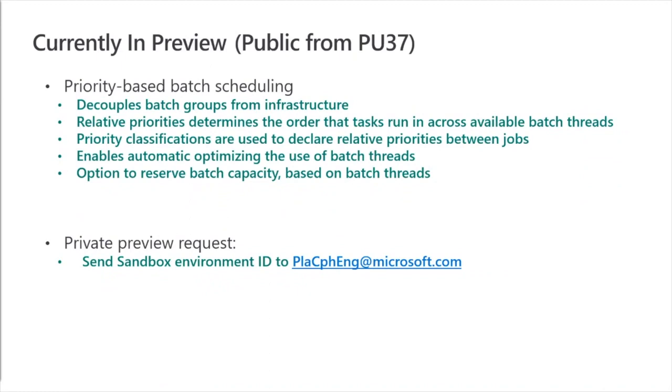So you can set aside a certain portion of your batch threads. Again, it's not focusing on specific or named batch servers. So it will be an allocation of a percentage of available batch threads at any given time that will be possible to reserve as an option for specific batch jobs, or batch groups rather.